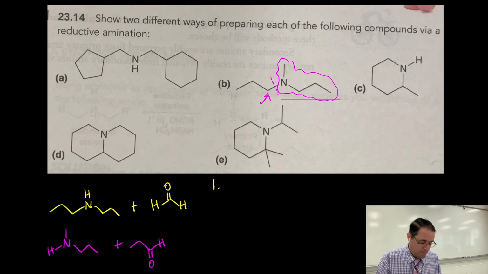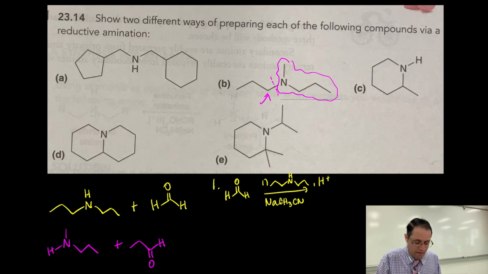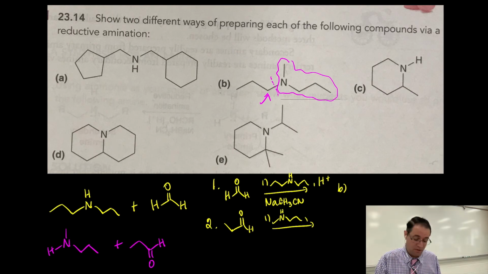Route 1 would be to take formaldehyde, add this nice little dipropylamine, H+, NaBH3CN, and that will get molecule B. The second route would be to take propanal, methylpropylamine, and don't forget your H+ catalyst.